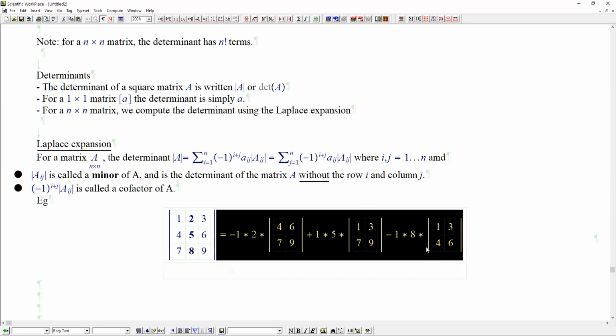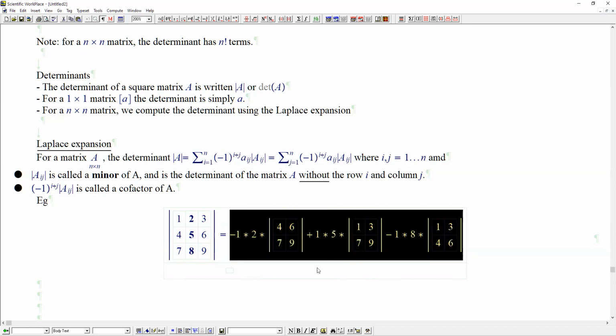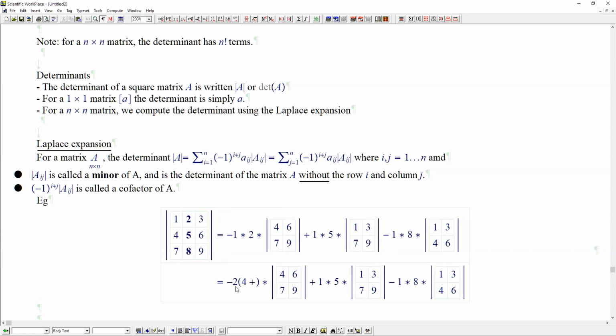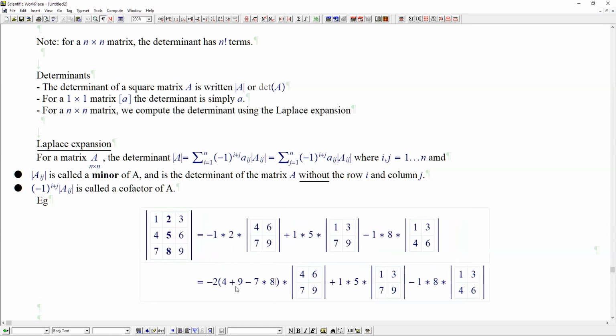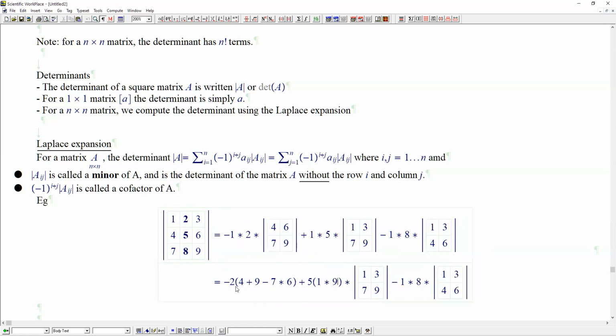If I compute it, does somebody have an intuition of what I might get? Personally, I didn't when I first computed it. Well, let's first do it completely. Here I get -2 times (4 times 9 minus 7 times 6). Here I get +5 times (1 times 9 minus 7 times 3).